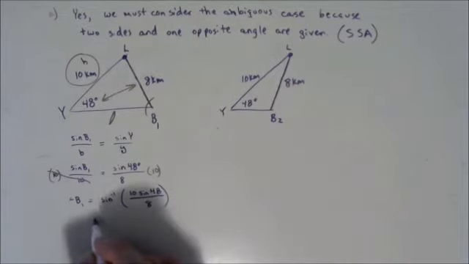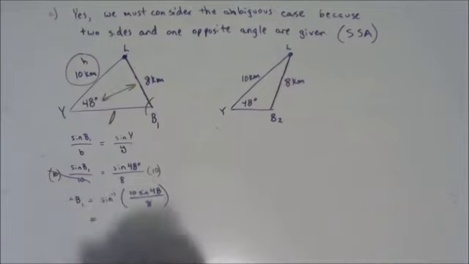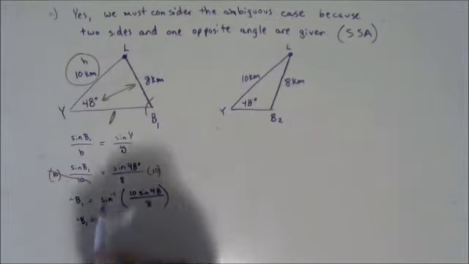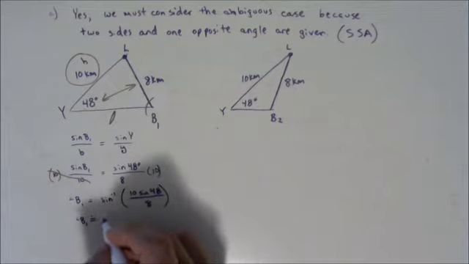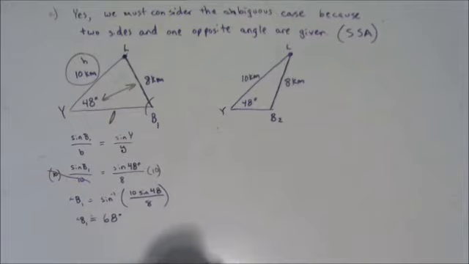You can type that in your calculator carefully in one part or two or three, and you will find that the measure of angle B in this possible solution is 68 degrees.